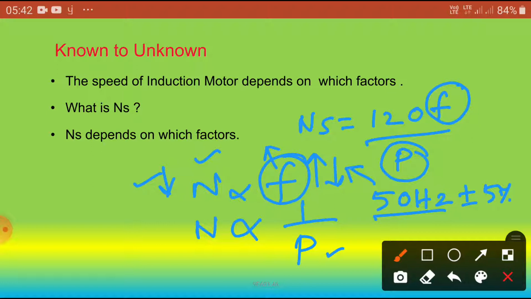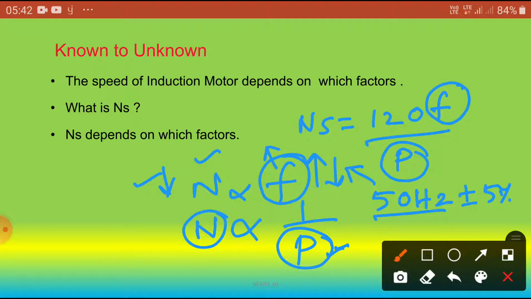The second method: the speed is inversely proportional to the number of poles. At the time of manufacture itself, the winding is decided based on the number of poles, so we cannot change the number of poles intermittently. If there is a possibility to change the number of poles in the stator, then it is easy to change the speed.